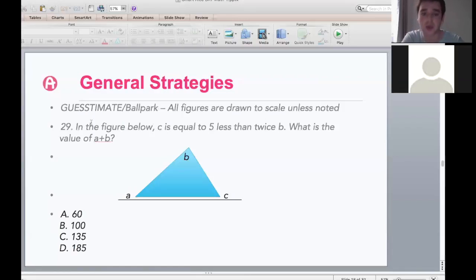So let's go with 130. And B, I know is acute. So I know that that's less than 90 degrees. So let's say it's 60. Well, if I take 130 plus 60, that's getting me to 190. And though 190 isn't any of the answers that's there, there's one answer that's very, very close to it. And in fact, D is the correct answer.